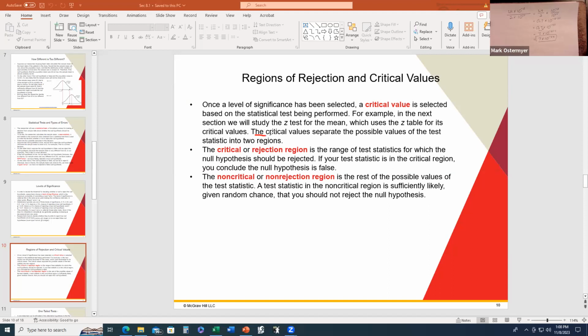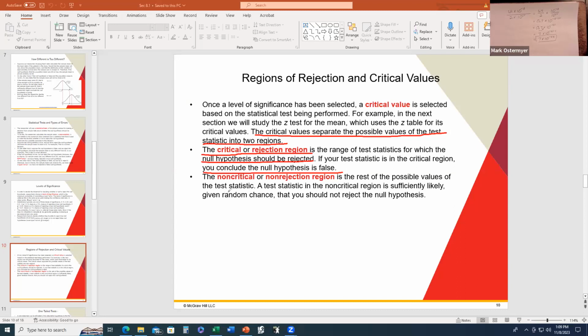These critical values separate the possible values of the test statistic into two regions. One region is called the rejection region, or sometimes the critical region. It is the range of test statistics for which the null hypothesis should be rejected. If your test statistic falls in the rejection region, then we will conclude that the null hypothesis is false, and we will reject it.